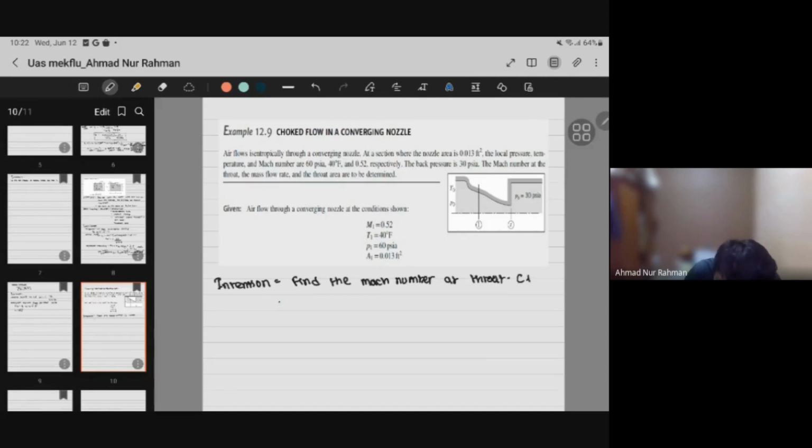This is problem one. Problem two is to find the mass flow rate. This is problem number two, and problem number three: determine the throat area.